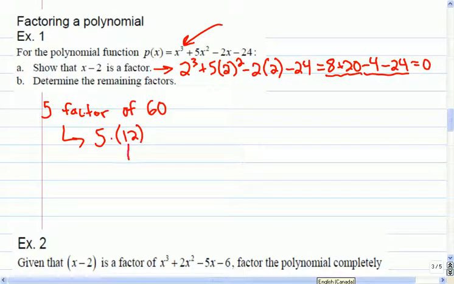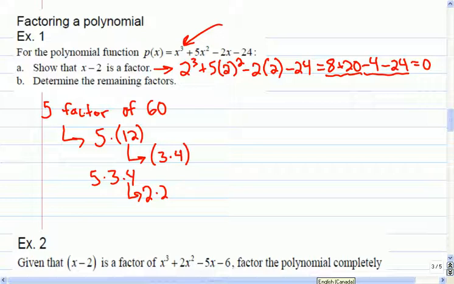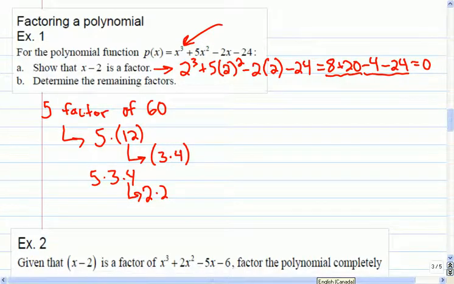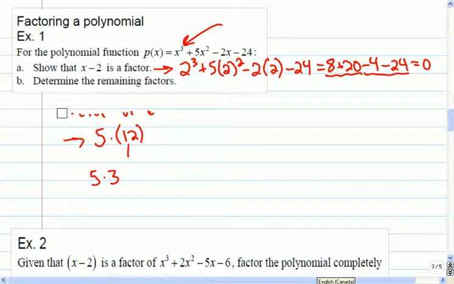We have to factor this, which would be 3 times 4. So you would get 5 times 3 times 4. And yeah, the 4 could be factored, 2 times 2. So it's just showing you how we're trying to break the problem down. We're going to do the same thing with the polynomial. So it's a little strange because we're dealing with x's instead of numbers, but here's how it works.